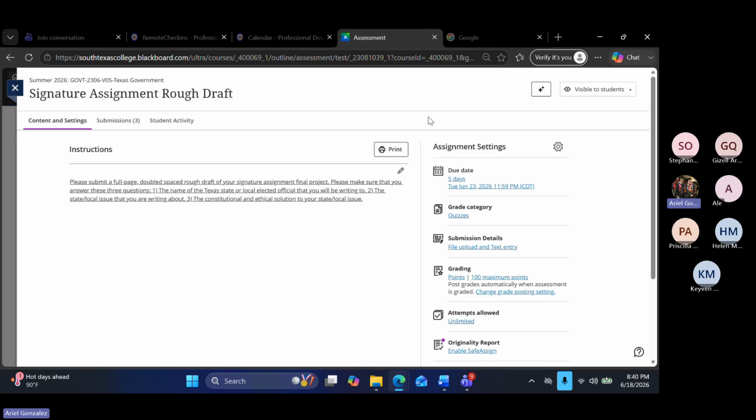Now, also keep in mind, because I have seen this before, let's say you come up with a solution, you write it in the rough draft, and then once you do more research, you realize, you know what? I think I have a better solution. I think I want to do something a little bit different. That's fine. It doesn't have to be the same solution that you have here, and in some cases I might not even expect it to be the same solution, because maybe you haven't done your research yet.